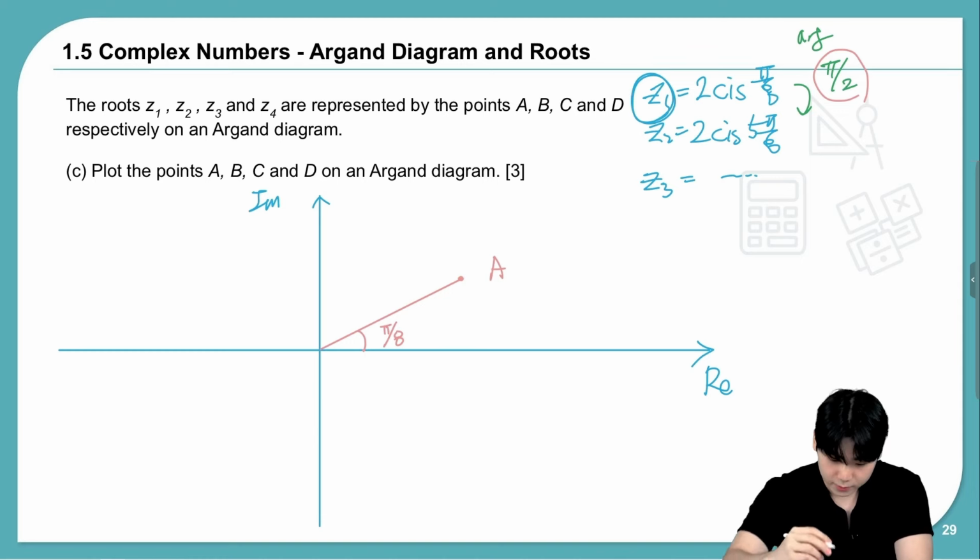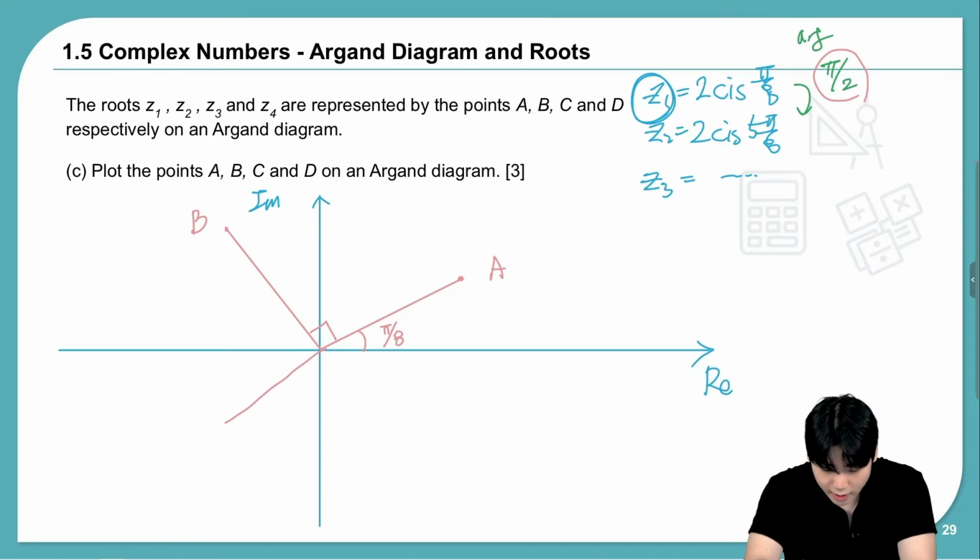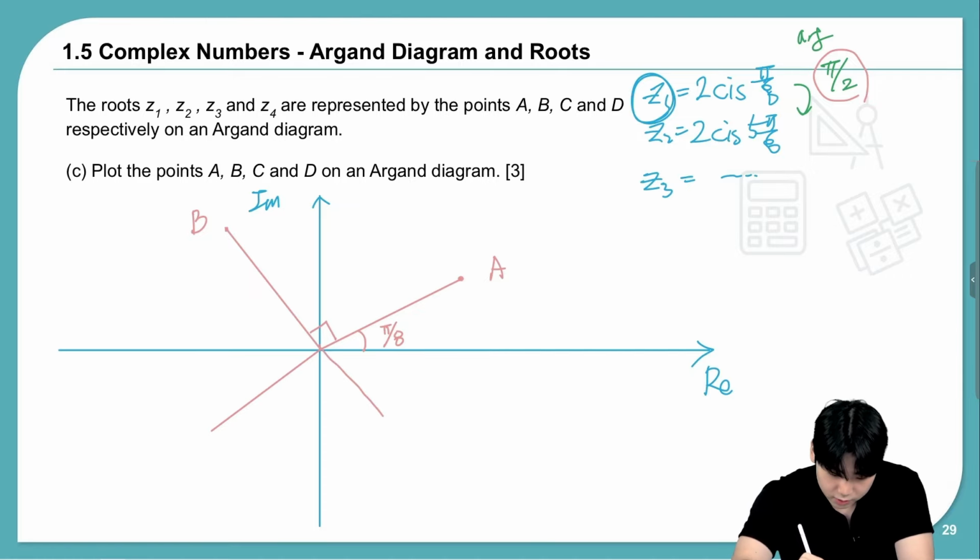So I just need another drawing like that, with the difference of 90 degrees. That's all I need. You don't have to be super accurate, but try to be as accurate as possible so that the lengths of the points are approximately the same, with the difference of 90 degrees.